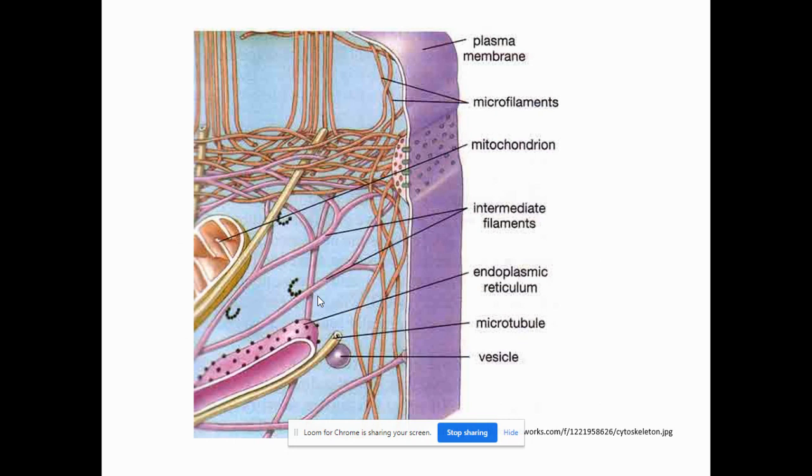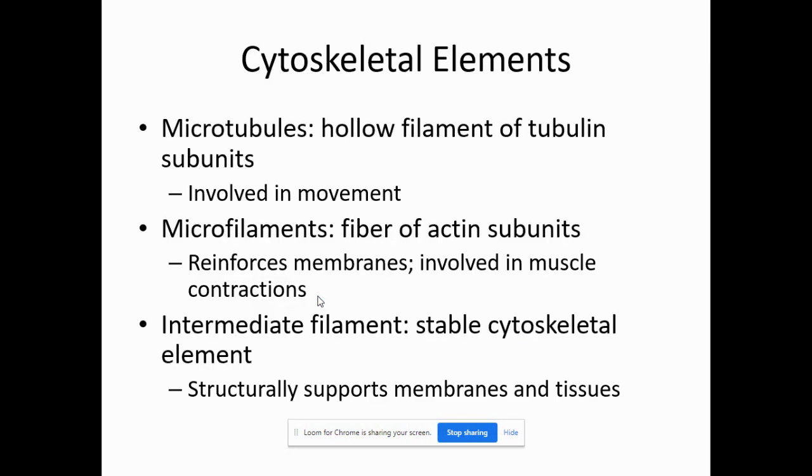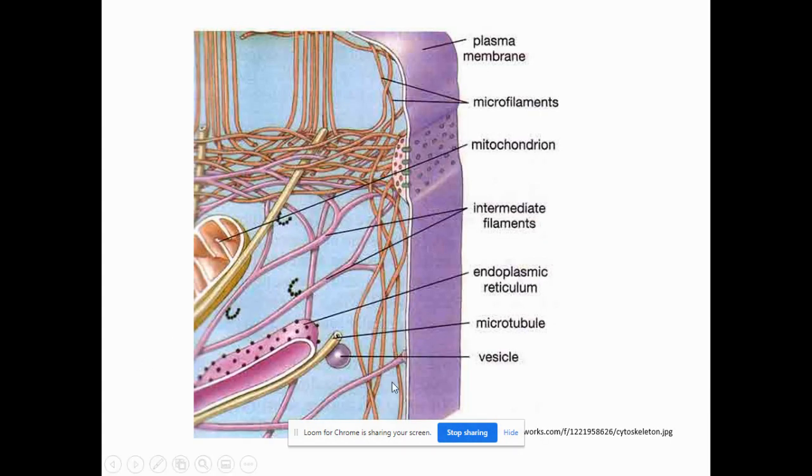Okay, so one thing before I move on, these parts of the cytoskeleton have associated motor proteins, which move cellular parts along the cytoskeleton filaments when they have energy from ATP. All right, so here are the different ones. You have microfilaments, intermediate filaments, microtubules.